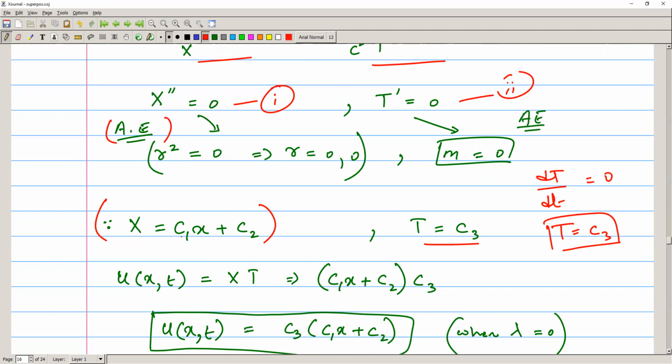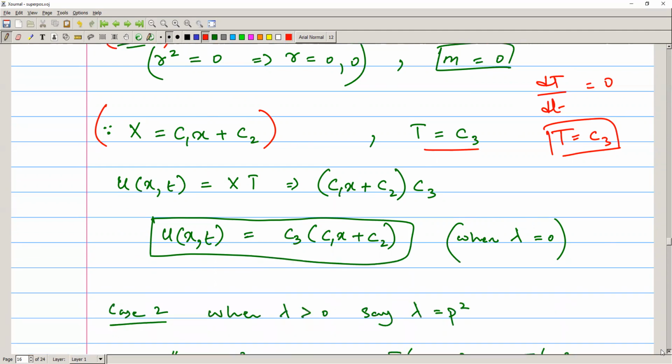And similarly for this one, this X'' basically means d²X/dx², right? So when we integrate this twice, we can directly find the solution, or we can use the auxiliary equation, right? We have been doing this in the part on ordinary differential equations. Now we have the solution.